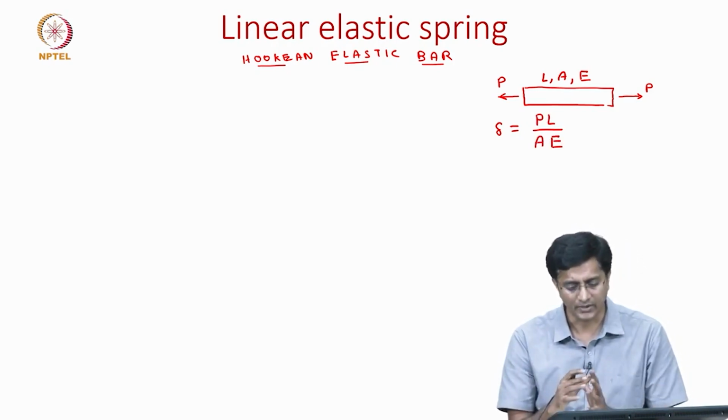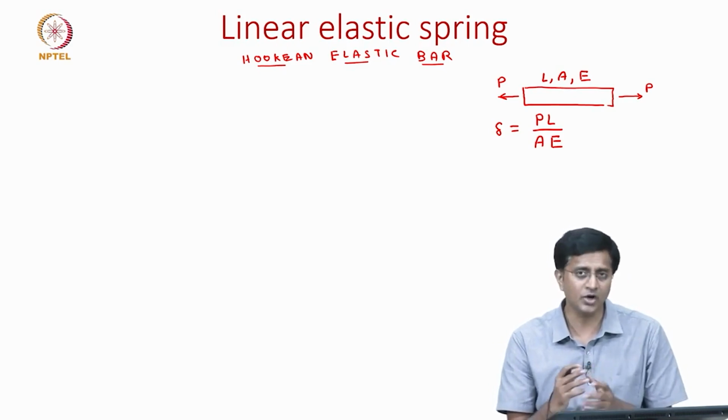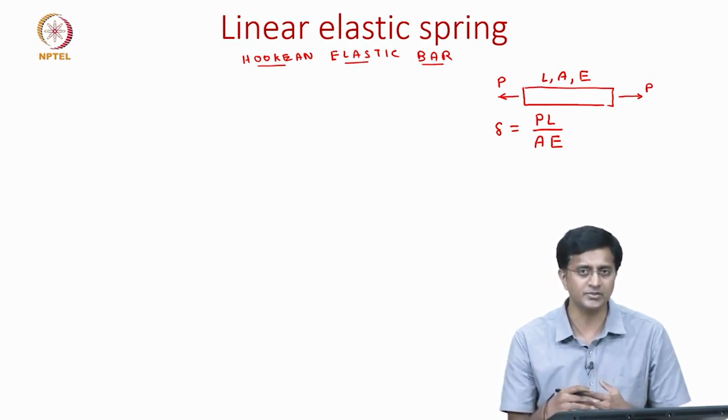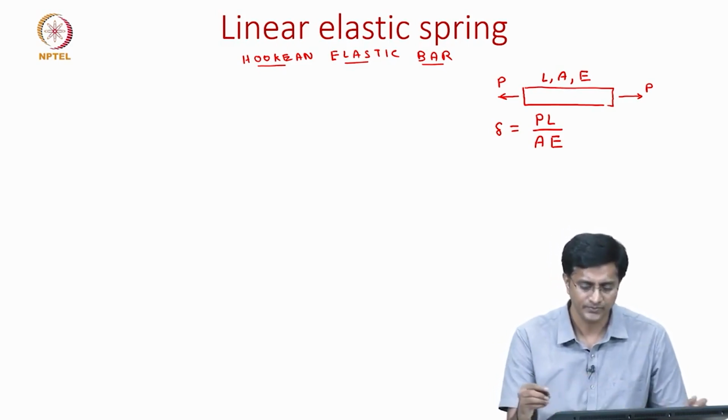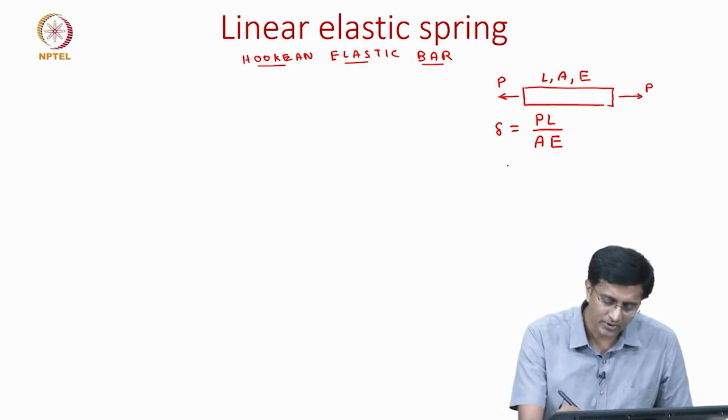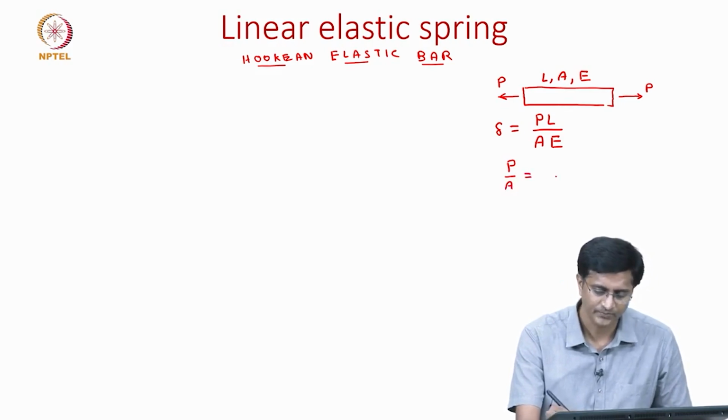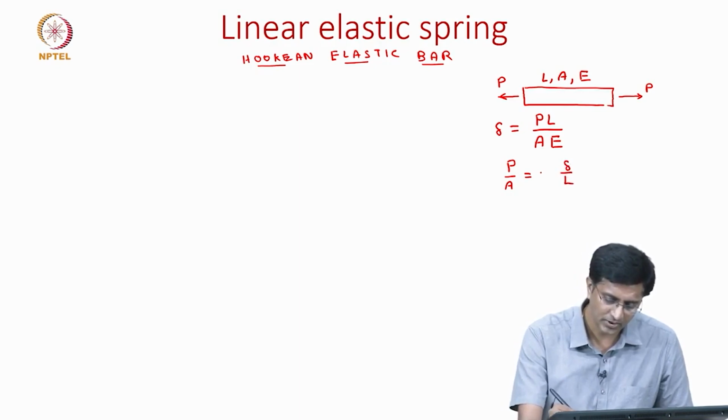Now let us rearrange this so that we can introduce the stress and strain terms. I will keep P by A on one side of the equation and move the other terms. First I divide delta by L and bring E to the other side.